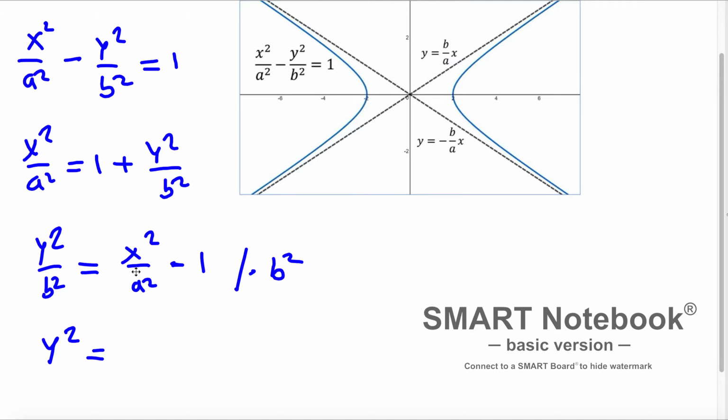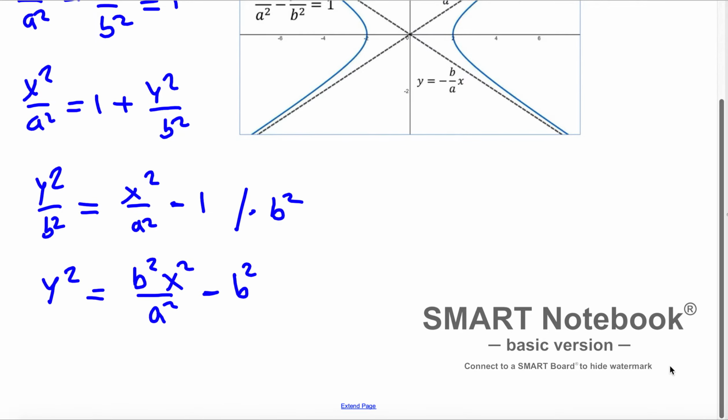But on the other side, here is going to be b squared over a squared, because I am multiplying the first term, x squared over a squared, so I'm just rearranging a little bit. And 1 times b squared is b squared. So we are in this situation. Now we want to factorize b squared over a squared times x squared.